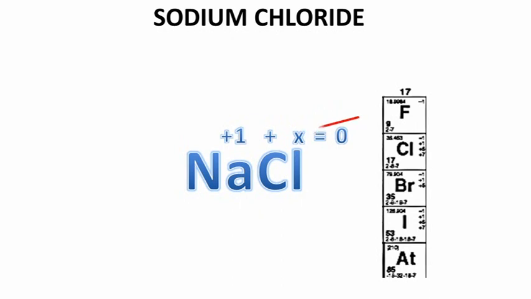Now solve for X, where +1 plus X equals 0, and X will equal -1. So simply write -1 as the oxidation number for chloride.